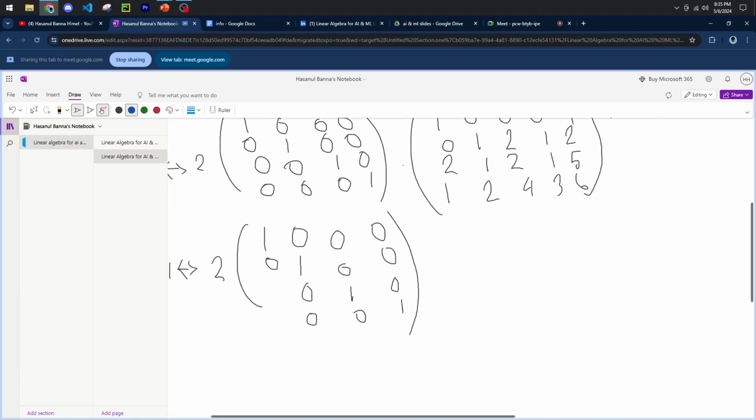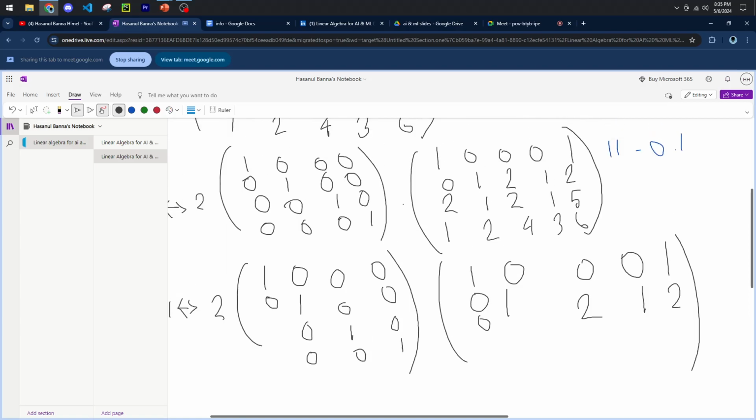Here I have given the 0, and now let's do the math. 1 0 0 0, 0 1 0 0, and these columns 1 2 1 2. Yeah, this, our second row, is done.